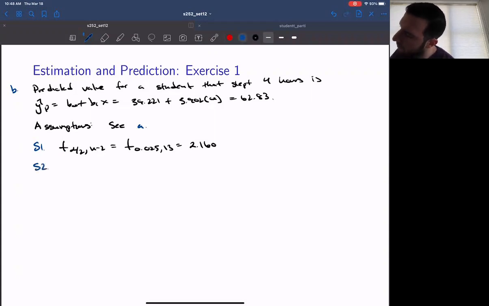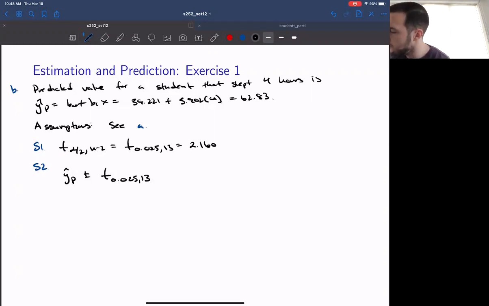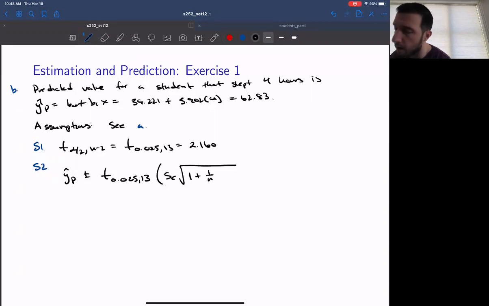On step 2, we have y hat p plus or minus t 0.025 comma 13 multiplied by SE times the square root of 1 plus 1 over n. Notice again, the only difference here is that we have 1 plus in the square root, plus xp minus x bar squared over Sxx.